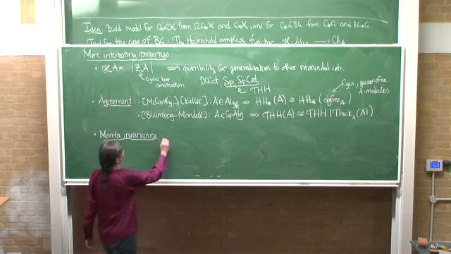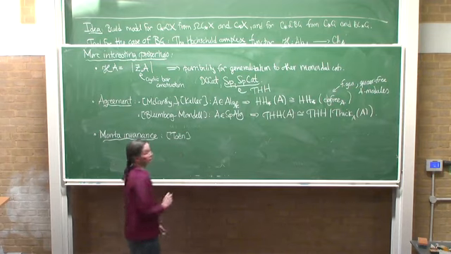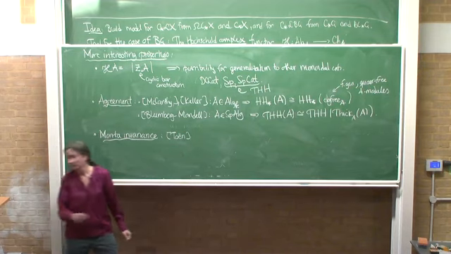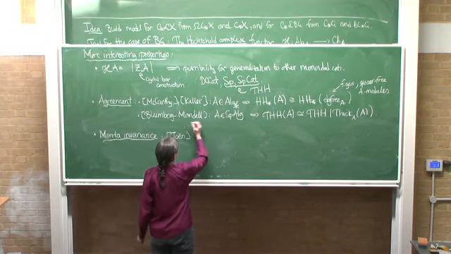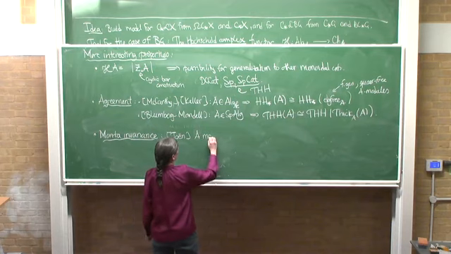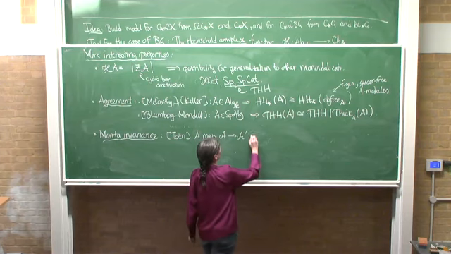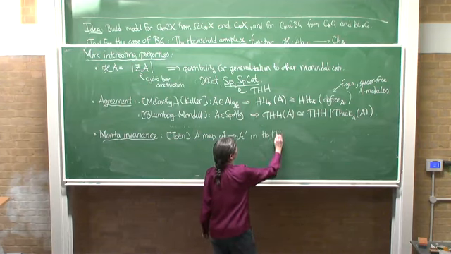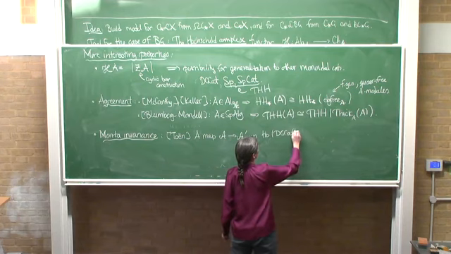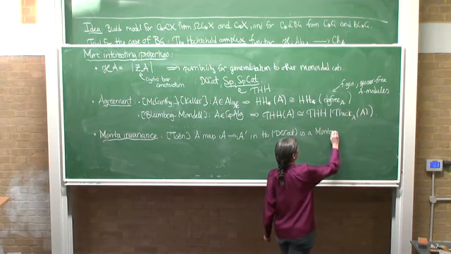But in the DG context, Toën proved the following, that it says that, first of all, it defines what it means by a map between two DG categories, actually the homotopy category of DG categories, is what he calls a Morita equivalence.